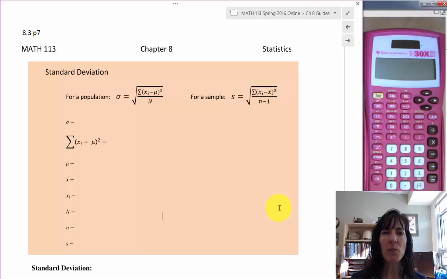And so we like this measure a lot more than we like range, because it's like how the mean is a little bit better measure of center than the median, because the median's just counting down. And in this case, the standard deviation is a little bit better because it's looking at every data point, how far is it from the mean.